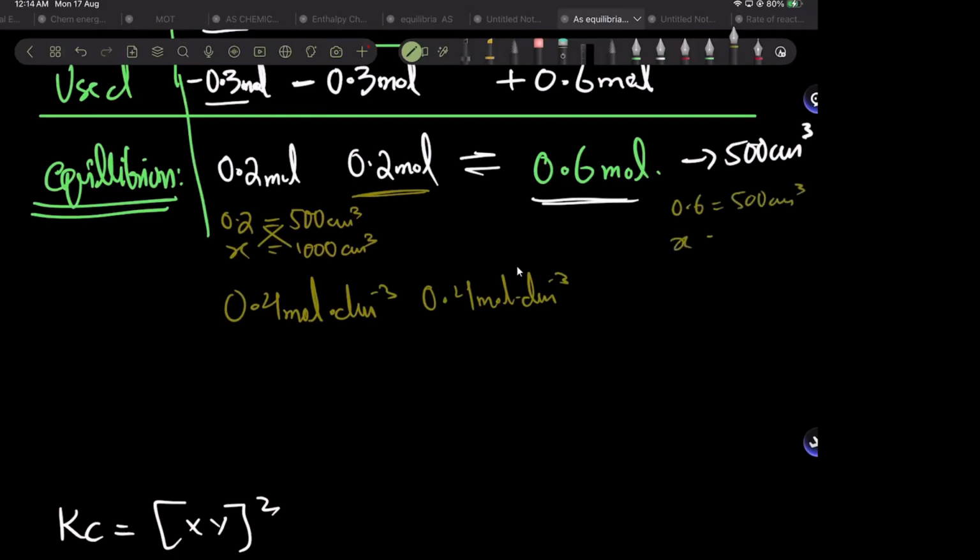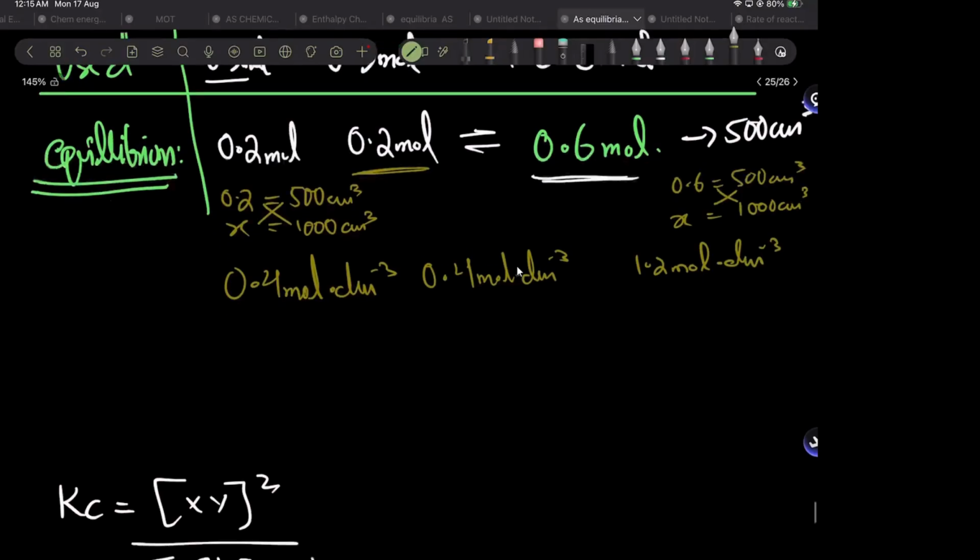How many will be present in 1 dm cube, that is 1000 cm cube? How many moles? I'm getting 1.2. So 1.2 moles would be present in 1000 cm cube. So I can write that as 1.2 moles per dm cube.